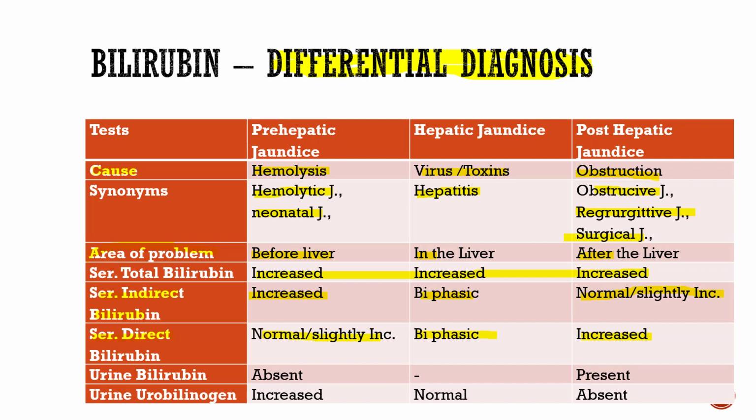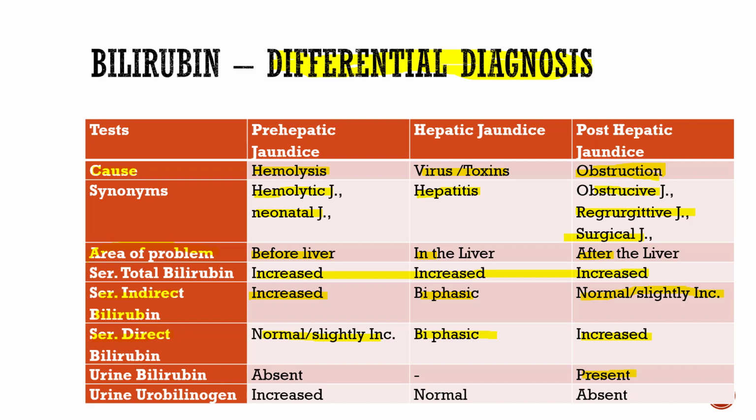Urine bilirubin: you can see urobilinogen, but you can also see urine bilirubin. That will be present only in post-hepatic jaundice, which is due to obstruction, as we told earlier. Since it is because of obstruction, instead of this coming to the small intestine, there will be an obstruction that will cause regurgitation of the bilirubin into the circulation, which will end up in conjugated bilirubin being present in the urine.